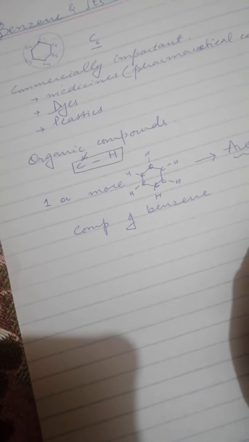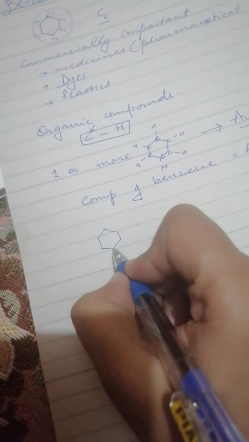In general, compounds of benzene are known as aryl compounds, or aromatic compounds. For example, we have chlorobenzene. It has chlorine as well as benzene.